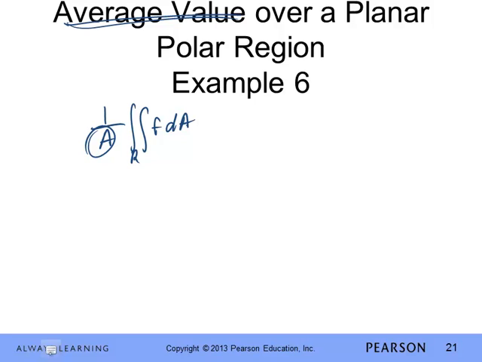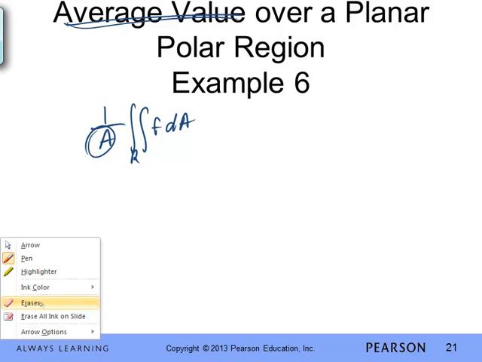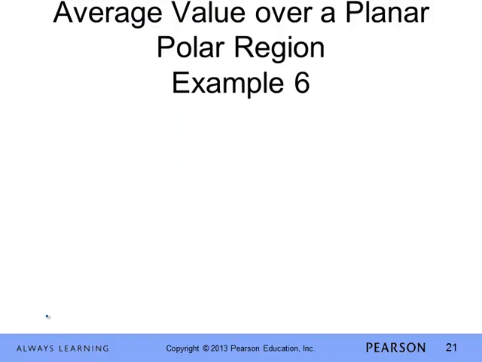So be on the lookout. I think you got one or two problems on the homework where you'll be asked to calculate average value. So number 6, find the average value of the y-coordinates of the points in the semicircular disk of radius A, given by r goes from 0 to A, and theta goes from 0 to pi.